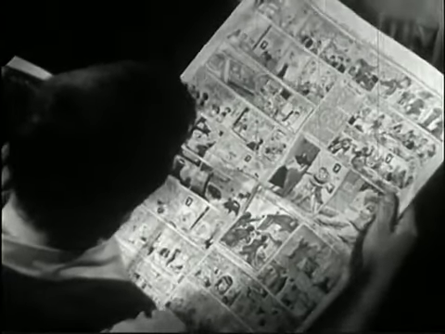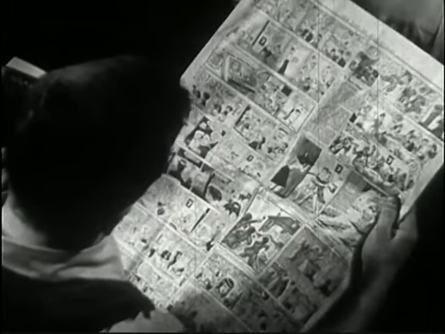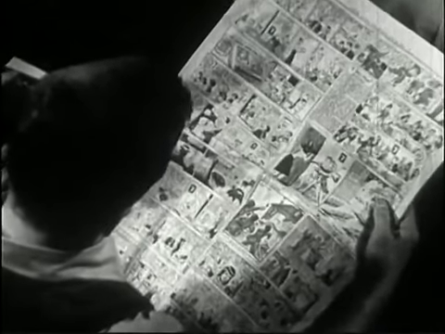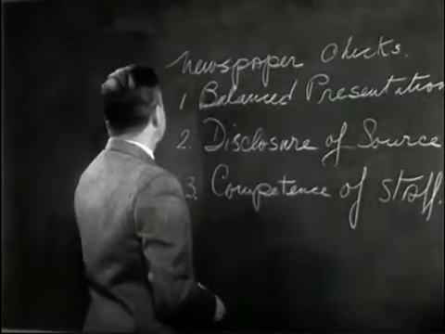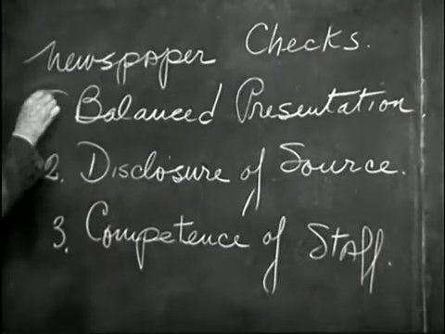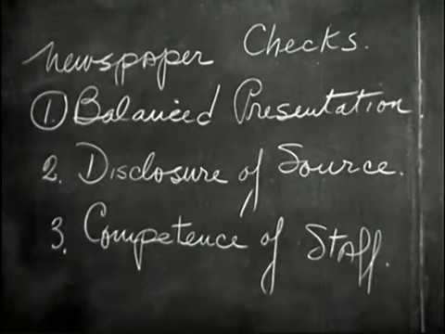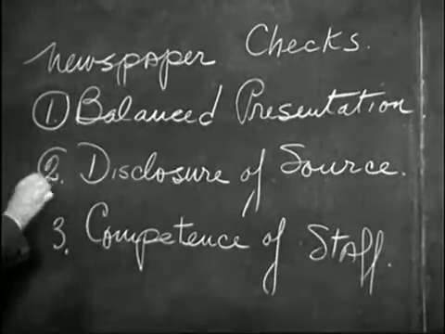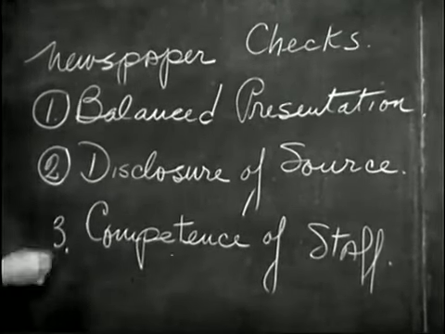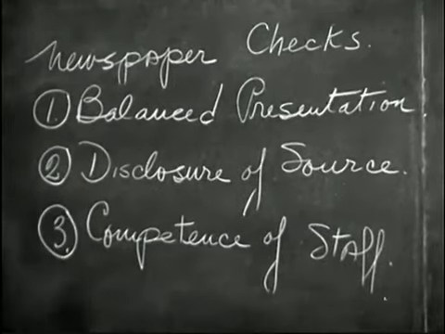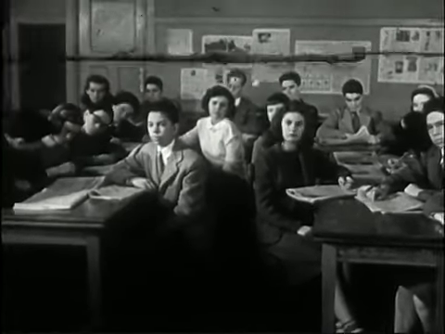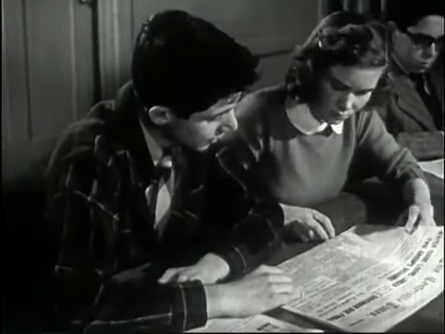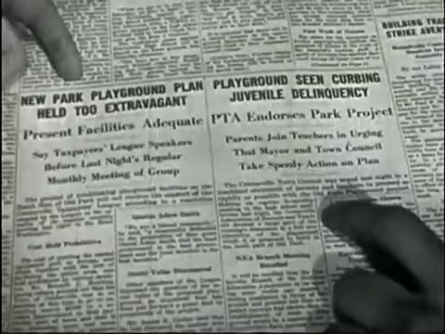Just being able to get books and newspapers is no guarantee of democracy. The newspapers of a real democracy meet these tests: balanced presentation of news, disclosure of source, competence of the staff. In applying these tests to newspapers, we find out, first of all, if they report both sides.